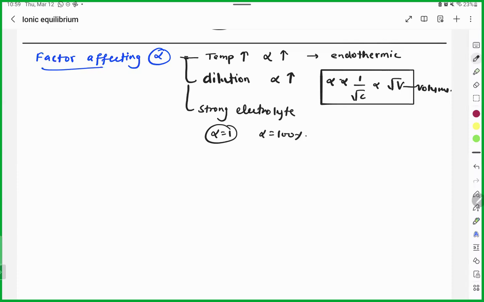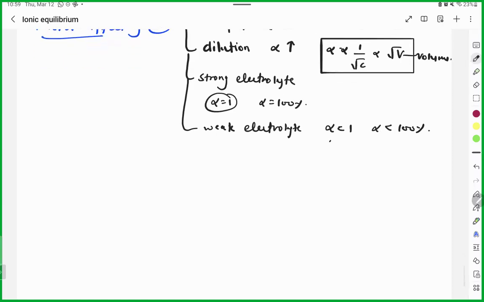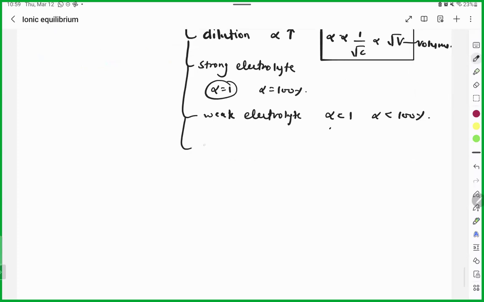But in case of a weak electrolyte, it will definitely be less than 1, or you can say the alpha value will be less than 100%. Correct? It also depends upon the nature of solvent. Which solvent do you take? Every solvent has a different nature, basically telling you the medium. Medium will decide how easily.